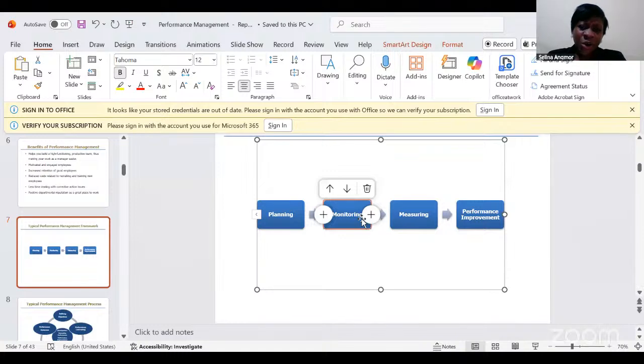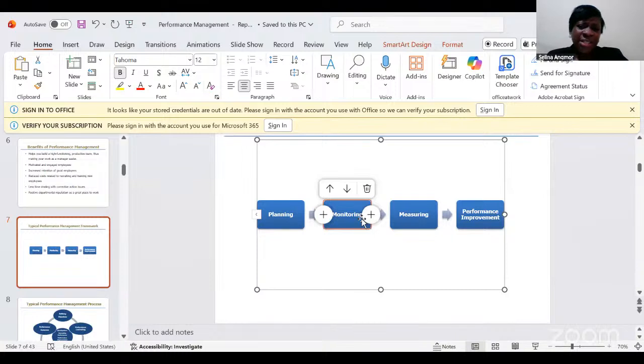You are checking in constantly, on a monthly or quarterly basis, just to make sure that the targets you set for the employee are on course. So at the end of such review meetings, you would present a report to your boss. Your boss will also present reports to his or her heads, indicating what is happening.